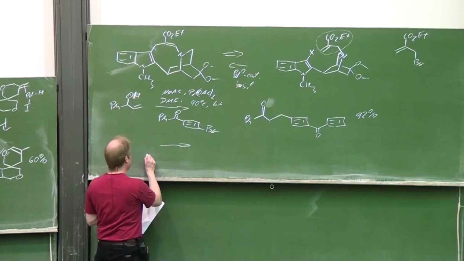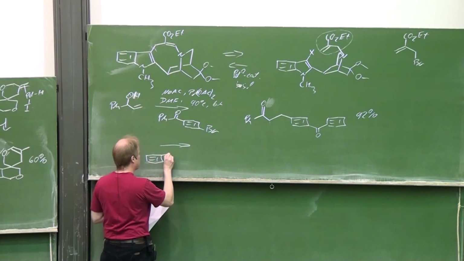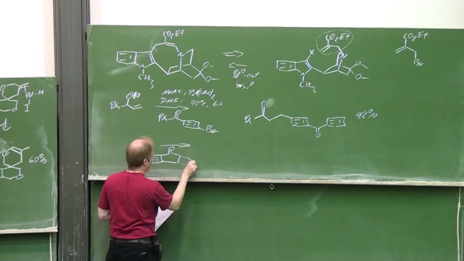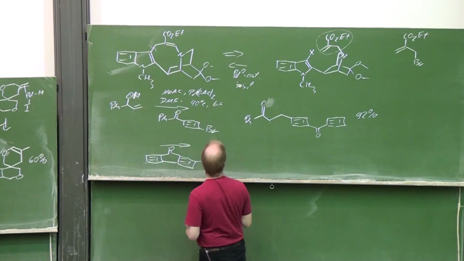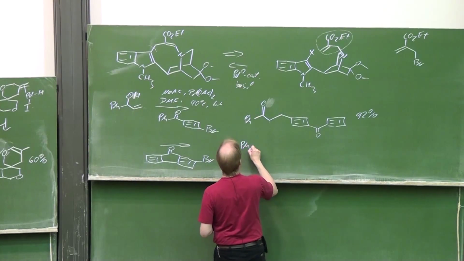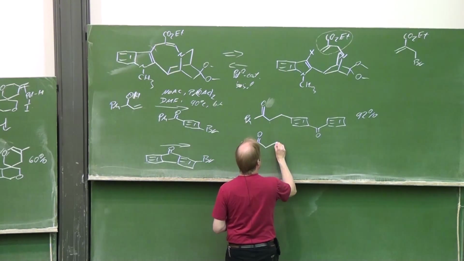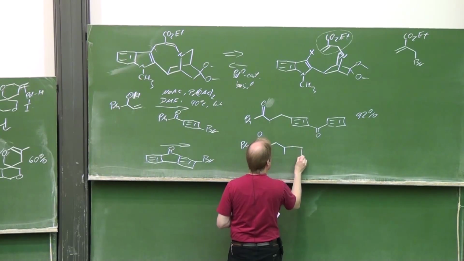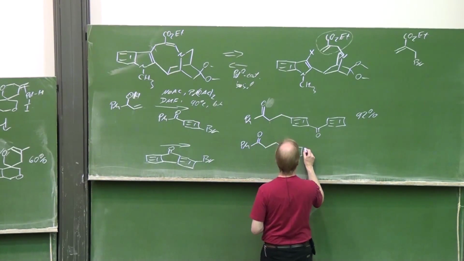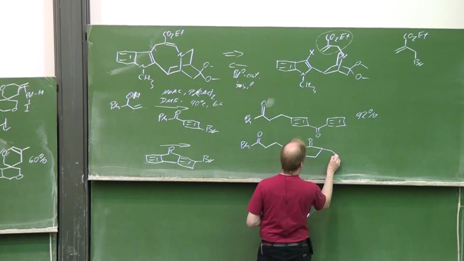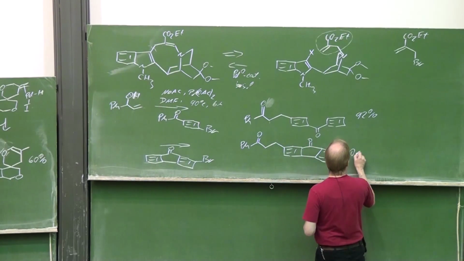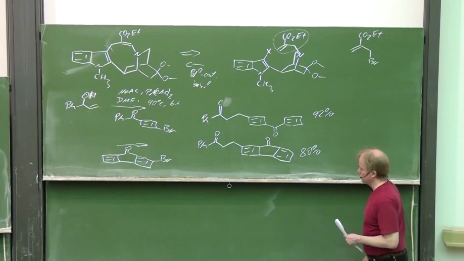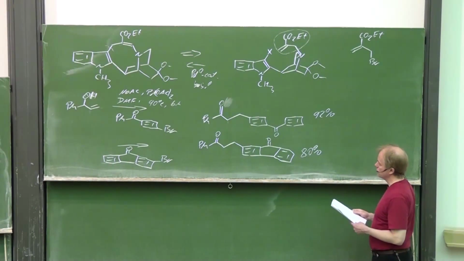And a second example, with a bromofluorenone, leads to the analogous product with 80% yield reported.